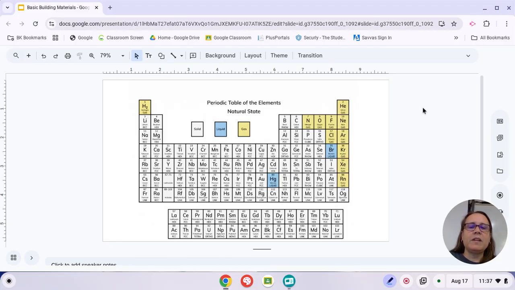So most of the periodic table, because most of them are metals, they exist as solids. You can see the white there is solid. There's only two things that exist as a liquid under natural conditions on Earth. That's bromine and mercury. And then you'll see a few that exist as gases over there in yellow. Some of those are really obvious, like oxygen. I mean, we know that oxygen is a gas, right? Pretty easy stuff.